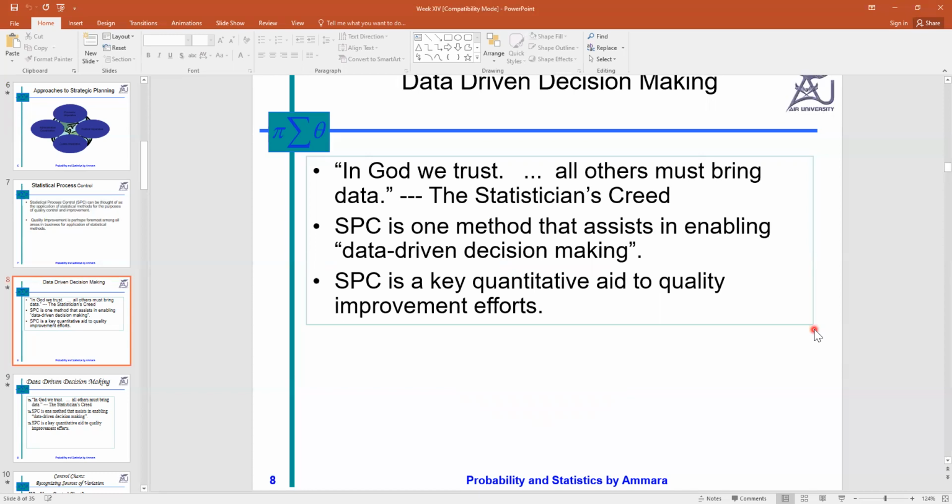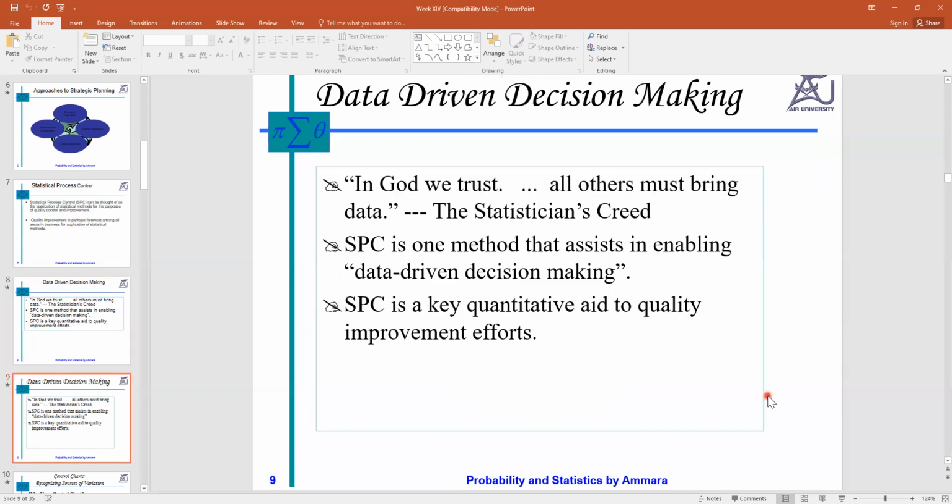There is a very common saying, 'In God we trust, all others must bring data.' This is true for concluding or interpreting your study, giving more fruitful conclusions and more reasonable results on the basis of control charts.